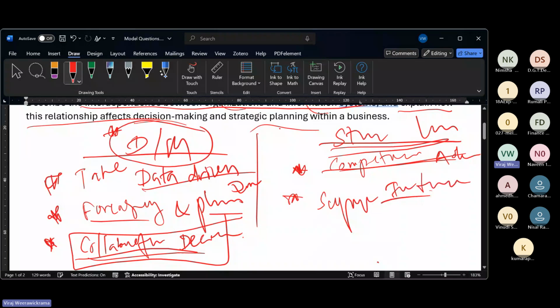Support for innovative activities. That is strategic planning. And also, when you have this kind of information system in your organization, it will support risk management and compliance. Risk management and compliance. Right? Okay, that's all.